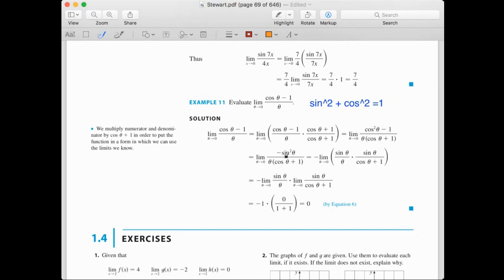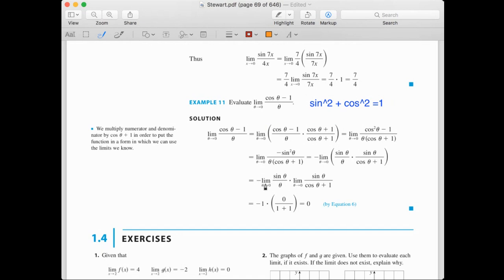So this negative sign can factor up front. We can split sine squared into sine times sine. So we get negative sine theta over theta, times sine theta over cosine theta plus 1. And sine theta over theta, when theta approaches 0, gives us 1.